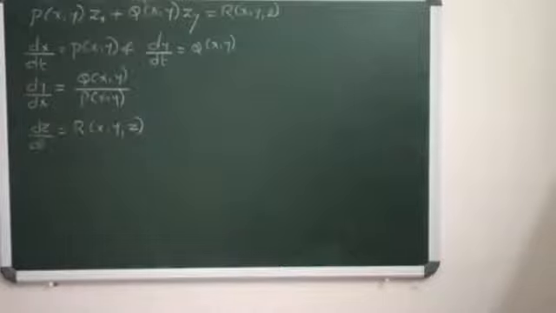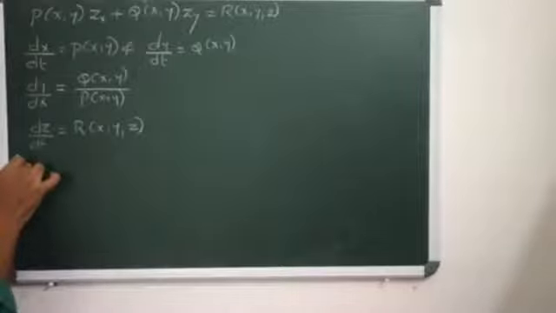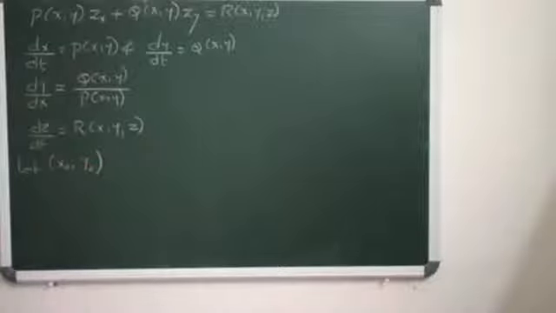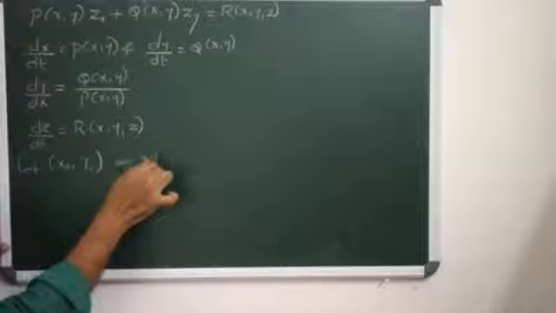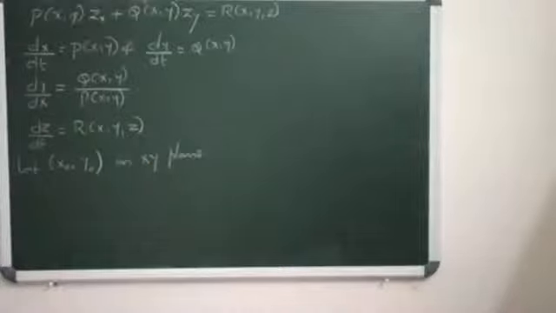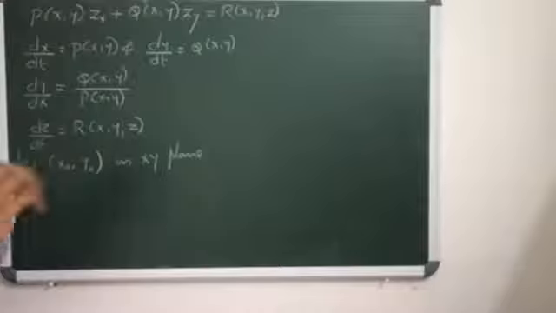Now let (x0, y0) be any point in the xy plane. By the existence and uniqueness of solutions of an initial value problem, the solution exists and is unique.